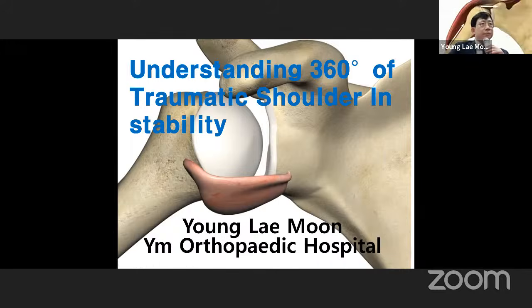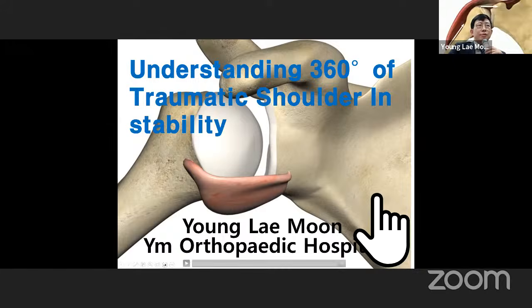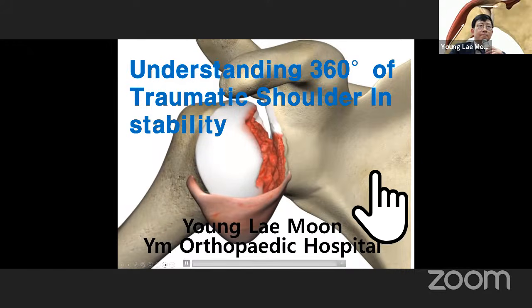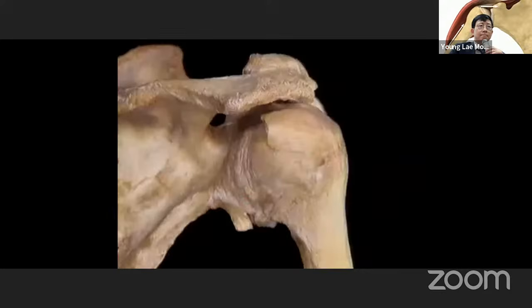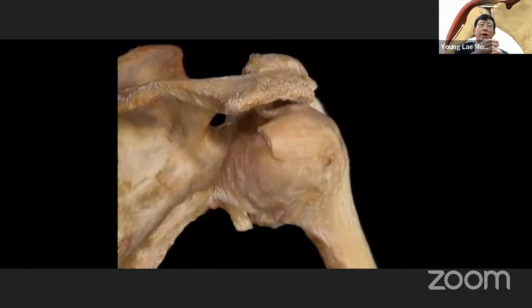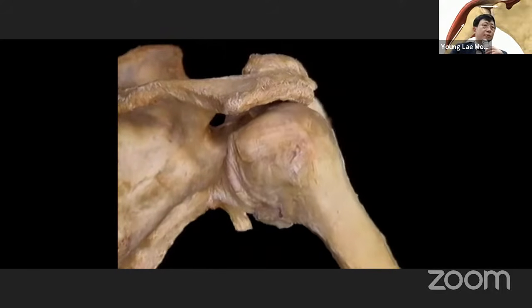Thank you. I'm Moon from Korea, and today my talk is about the issue of traumatic shoulder instability. The shoulder is both a stable and a mobile and flexible joint.